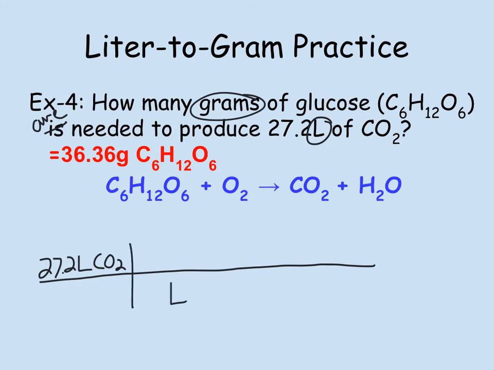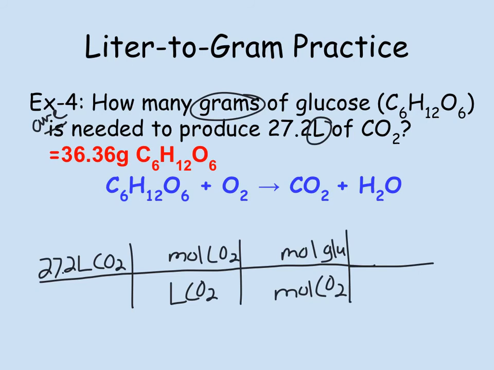I'm going to put liters of CO2 in the bottom, and then I can go to moles of CO2. And then, using moles of CO2, I can convert to moles of, I'm not going to write the whole thing, so I'm just going to put GLU for glucose. Then I can put moles of glucose in the bottom and ultimately end up with grams of glucose.